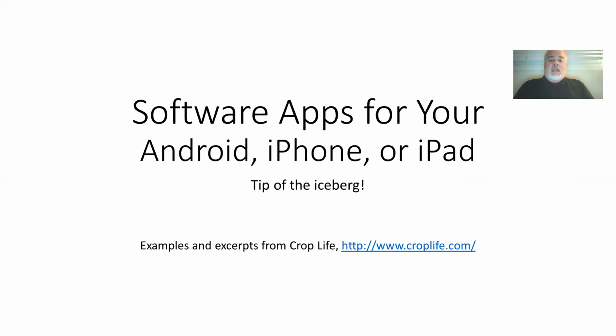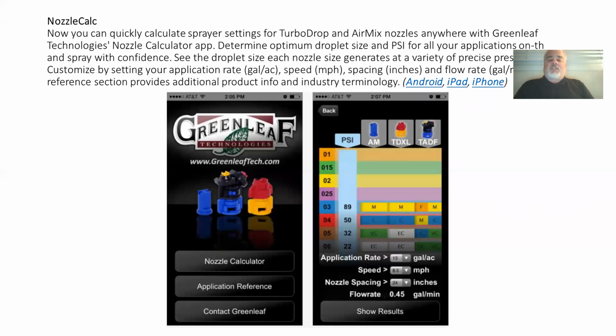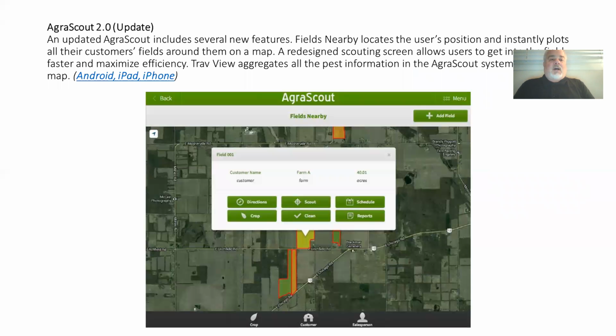Lots of software apps for your Android, iPhone, or iPad. Tons and tons of things out there. And I'm just going to rattle through Nozzle Calc. So again, calculating the spray nozzles to make sure that you are doing applications correctly for foliar applications of pesticides and foliar nutrition sprays, things like that.